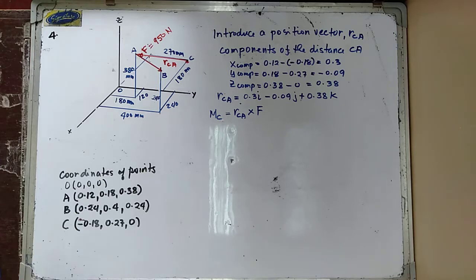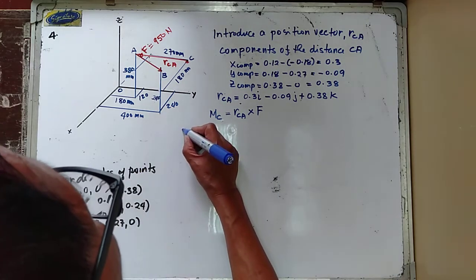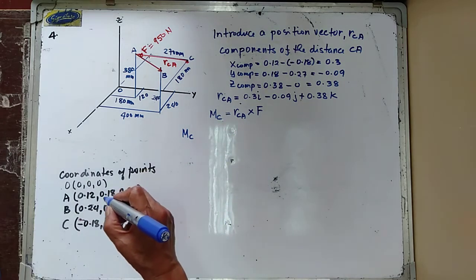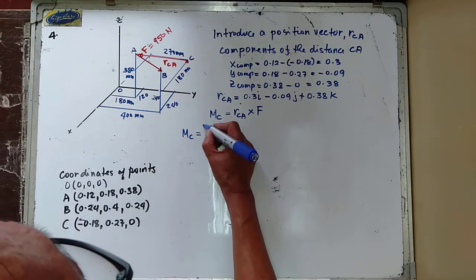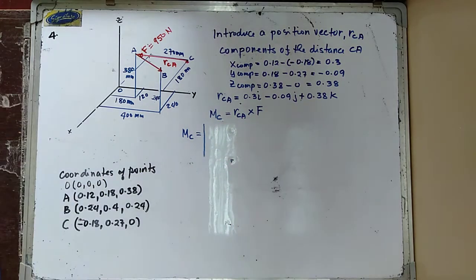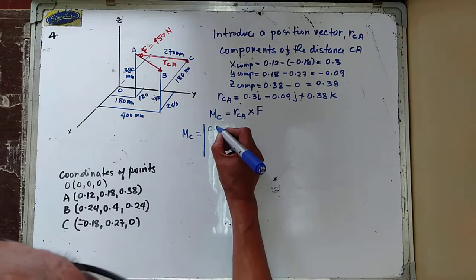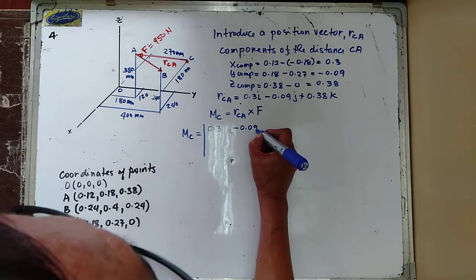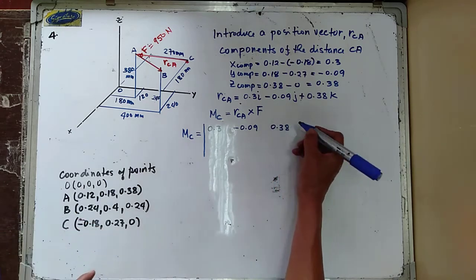So we now have the moment about point C equal to, again, the position vector 0.3, minus 0.09, and then 0.38.